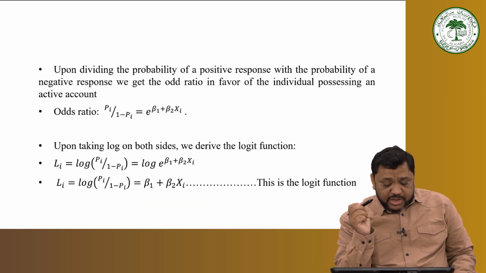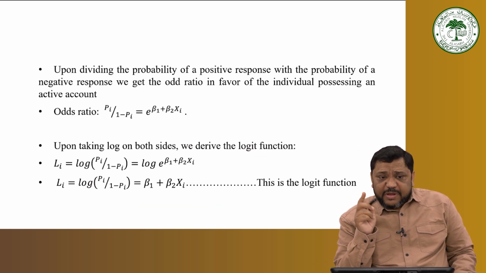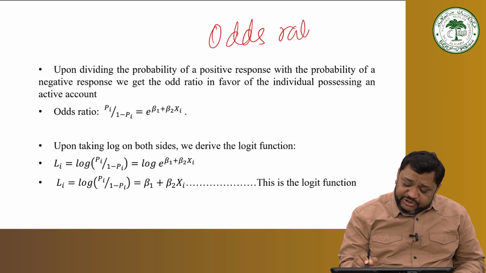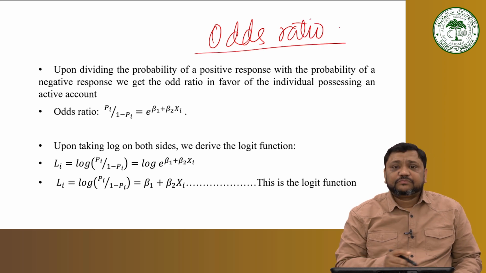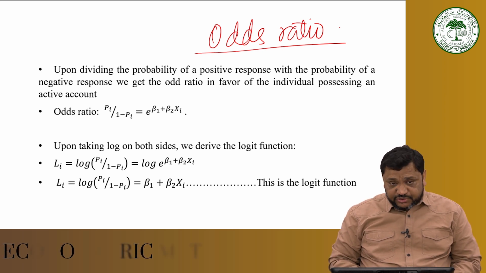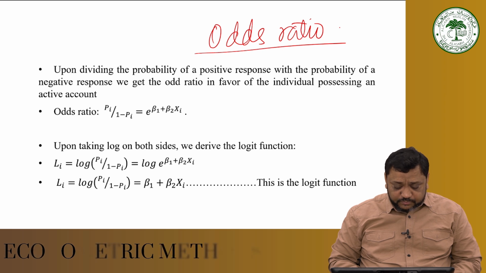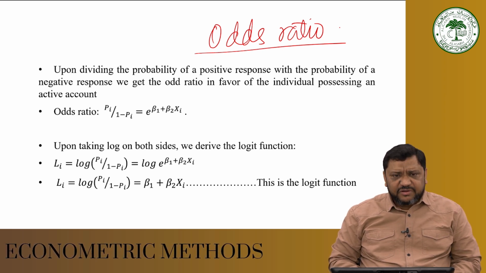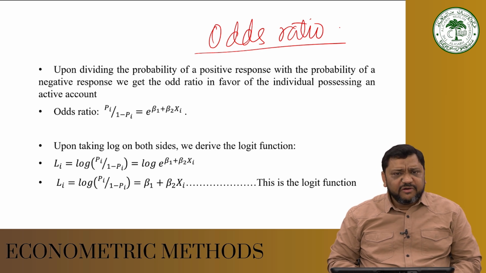Upon dividing the probabilities, another thing that needs to be introduced is the odds ratio. What is the odds ratio? The probability of success divided by the probability of failure.